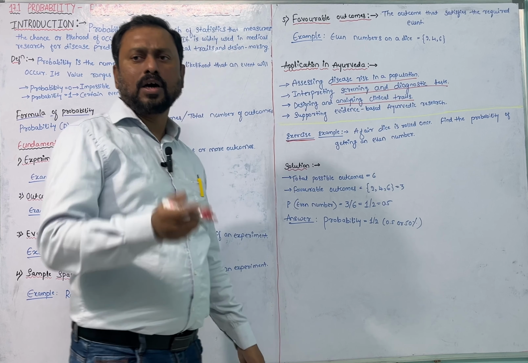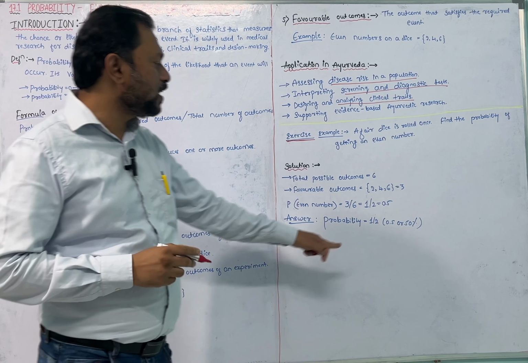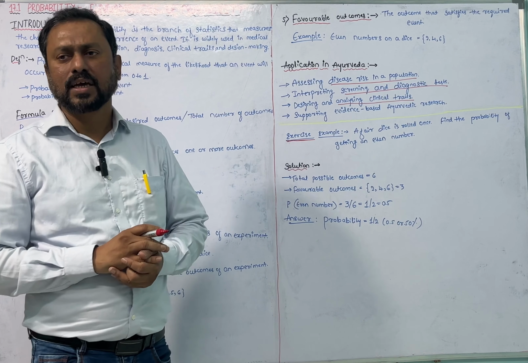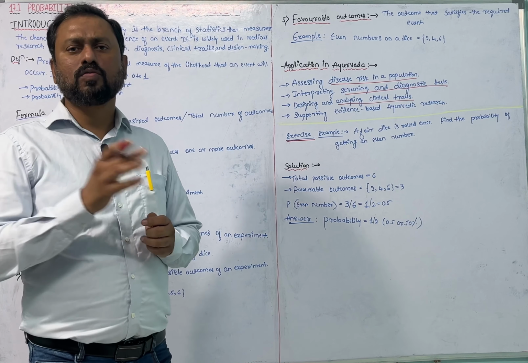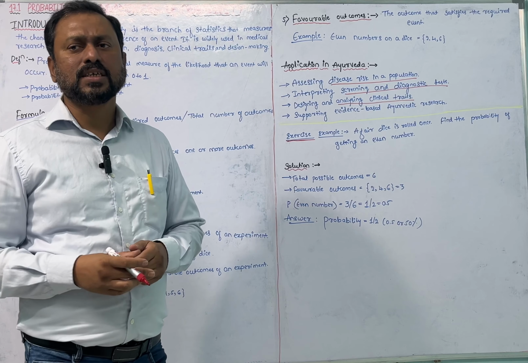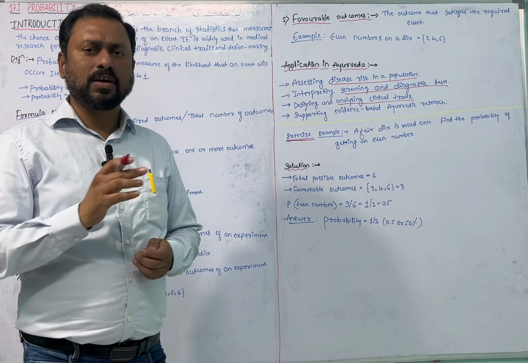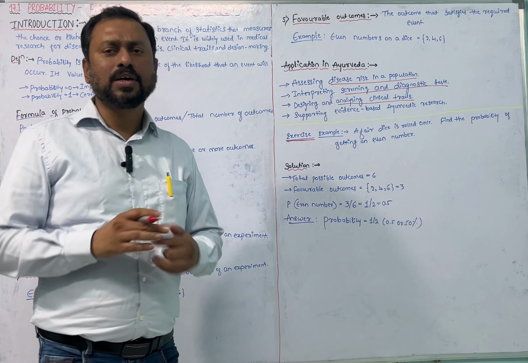Or if you multiply by 100 to take the percentage, there is a 50% chance that an even number will come, 2, 4, 6, and a 50% chance that an odd number will come, 1, 3, 5. Like that, we find the probability.